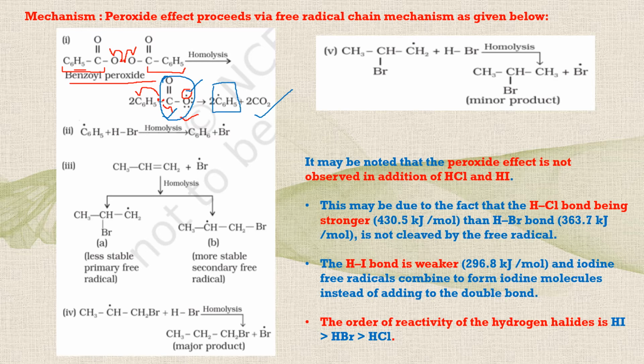Now phenyl free radical reacts with HBr, and HBr again undergoes homolysis, same manner, one electron here and one here. So the hydrogen attaches to C6H5 free radical and I get a stable hydrocarbon which is benzene. In that process I get Br free radical.